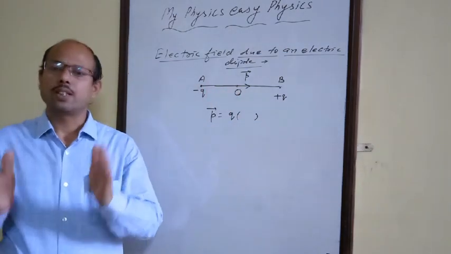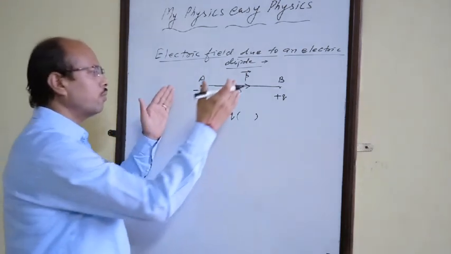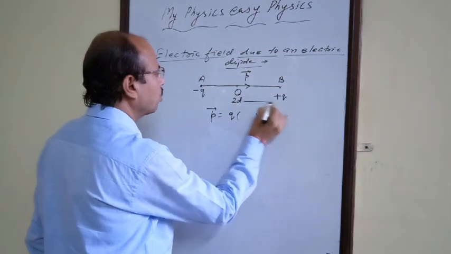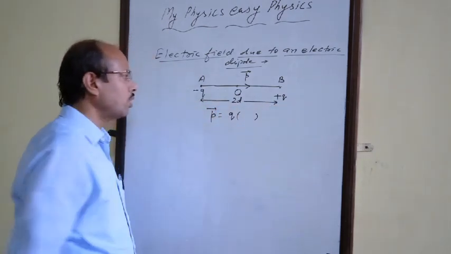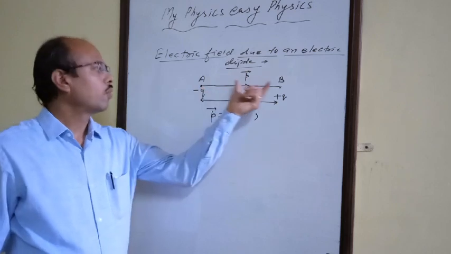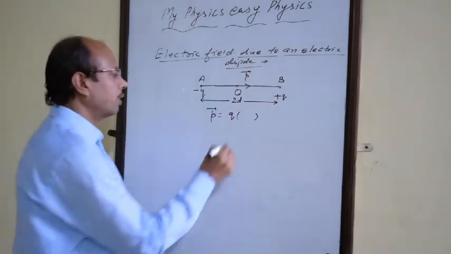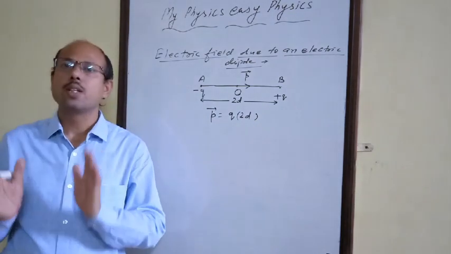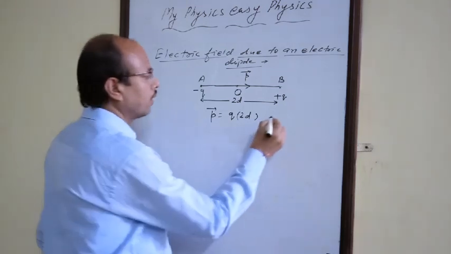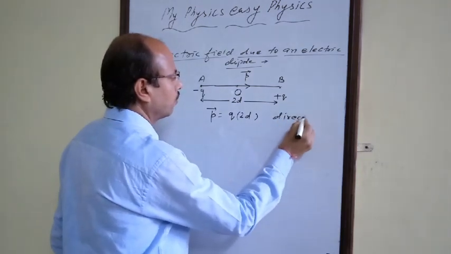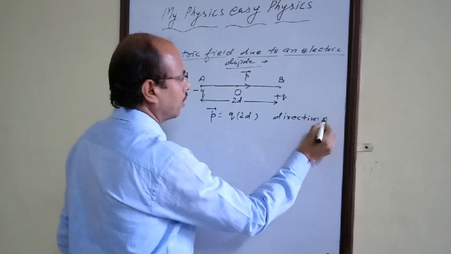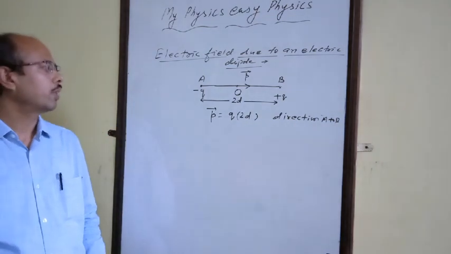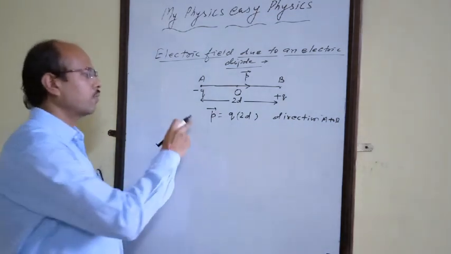Distance between them is generally denoted by d, but here for simplicity of calculation I am denoting the distance between these two charges as 2d, so that from the center it is d on each side. Therefore it will become q into 2d, and the direction will be from A to B.